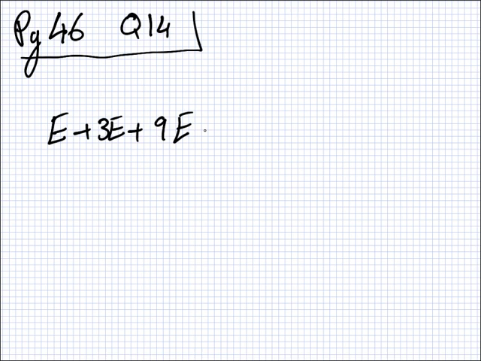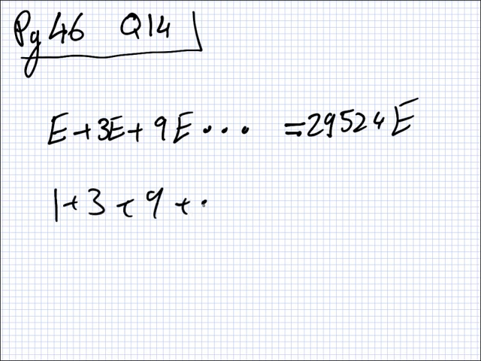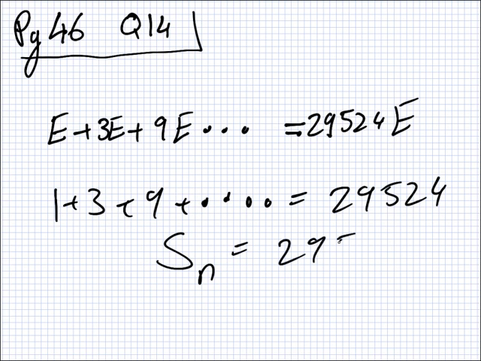This continues until, in total, you get 29524 E. It wouldn't be infinity, it's just S. Before I start, I'll divide everything by E. So I get 1 plus 3 plus 9. We don't know how many terms, but it should total 29524. As you said, Sn equals 29524.